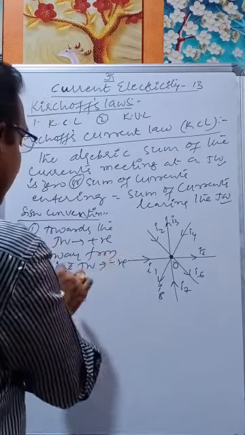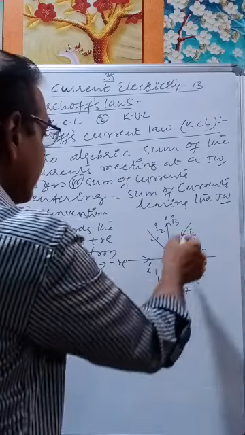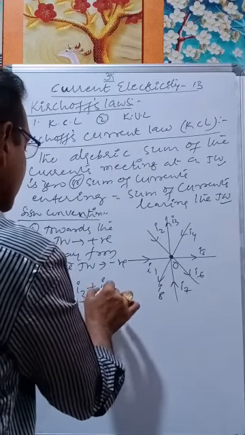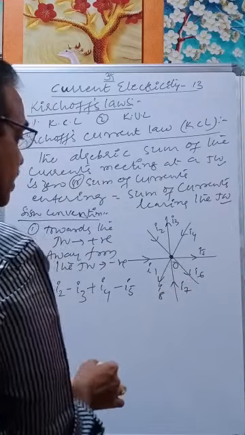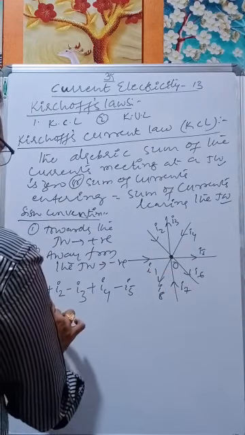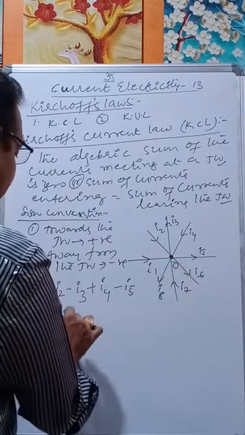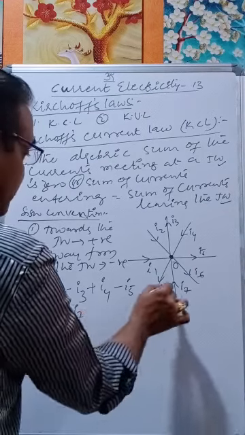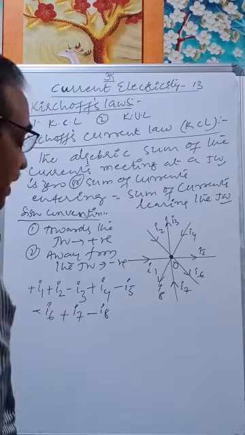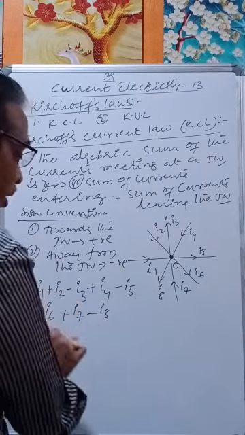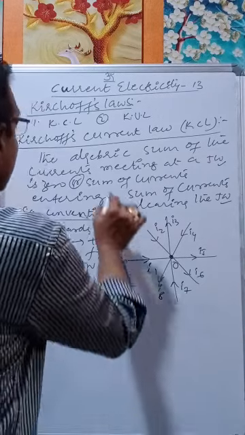Towards the junction I4, plus I4. I5 away, minus I5. I6 also away from the junction, minus I6. I7 towards the junction, plus I7, and I8 away from the junction, minus I8. This algebraic sum of the currents should be equal to 0.